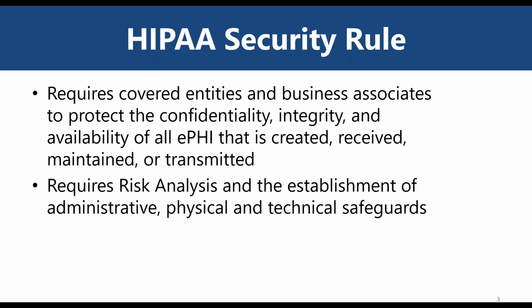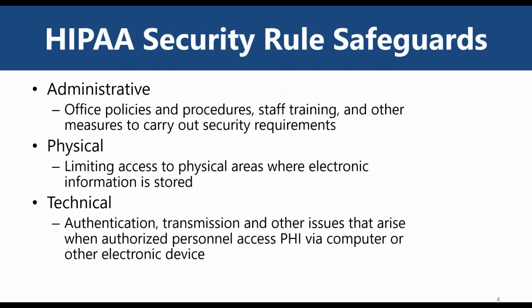You are also required to do a risk analysis of all of the electronic protected health information that you have. And by doing this, you also need to establish safeguards, and that is broken down into administrative, physical, and technical safeguards. So these are the safeguards that are in the security rule. And I wanted to spend just a second and go over what each section really means.